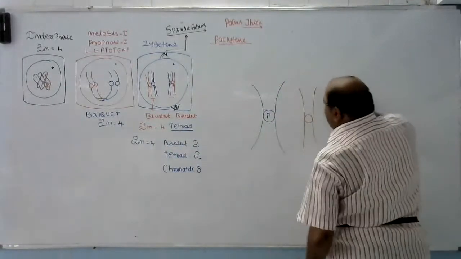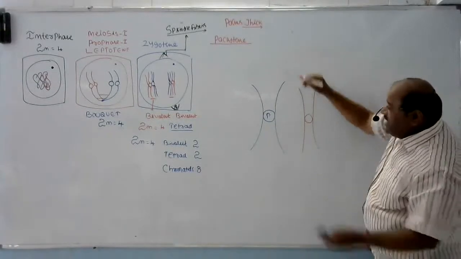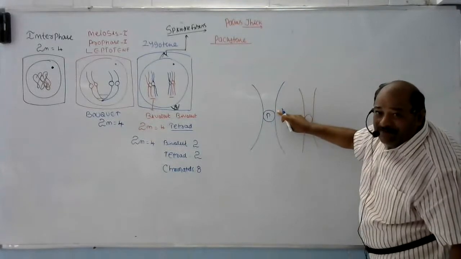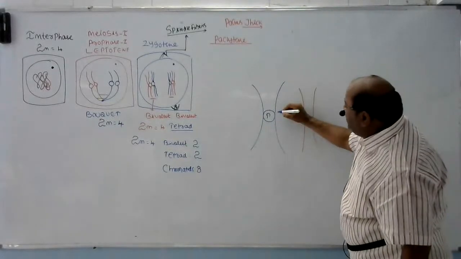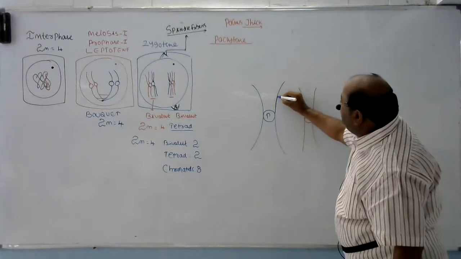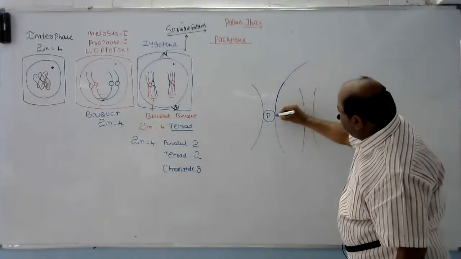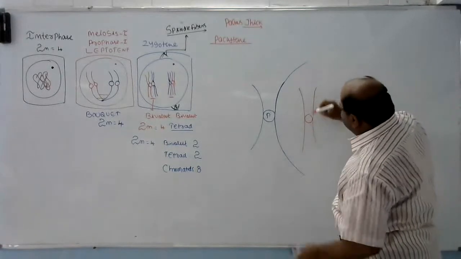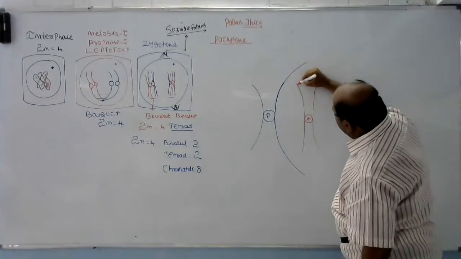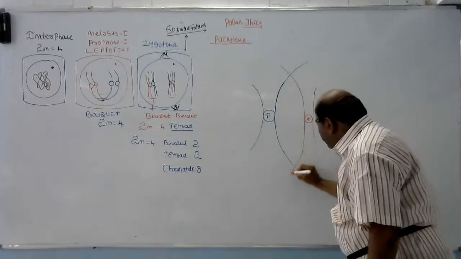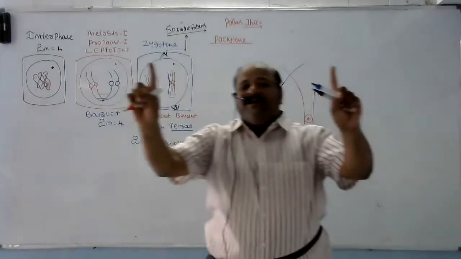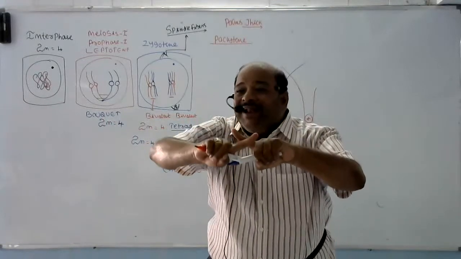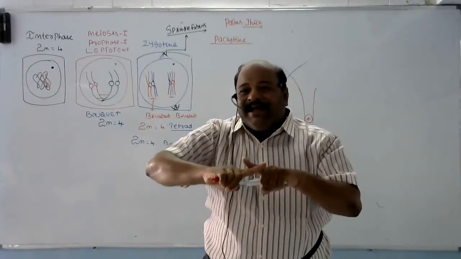Look here, I am talking about these non-sister chromatids. Observe that chromosome, genes are present on these chromosomes. This is the homologous paternal chromatid. Now this is the homologous maternal chromatid. So what is exchanged here? One finger of the right hand, one finger of the left hand. Both are crossed.